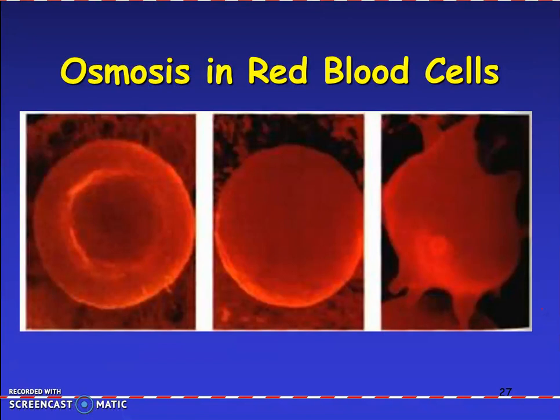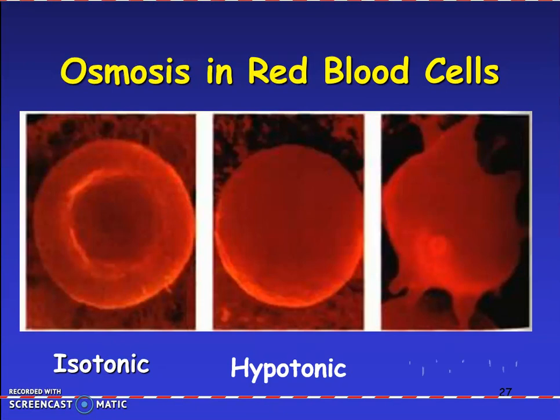These are some pictures of red blood cells kept in isotonic, hypotonic and hypertonic solutions. In isotonic solution, there is no change. In hypotonic solution, the cell is going to burst because the water is going to get into the cell.